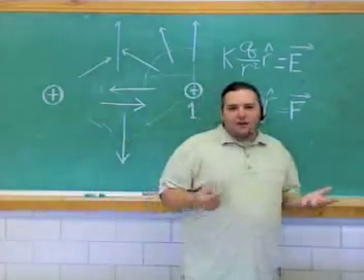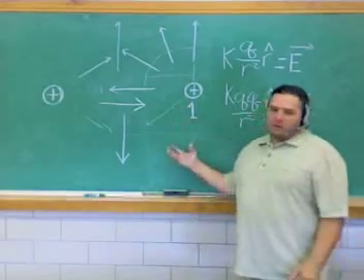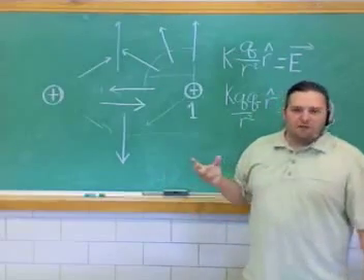So that's the real advantage of talking about fields, is that you've got an idea where these stability points are. You also have an idea where these objects are going to experience the greatest amount of forces.